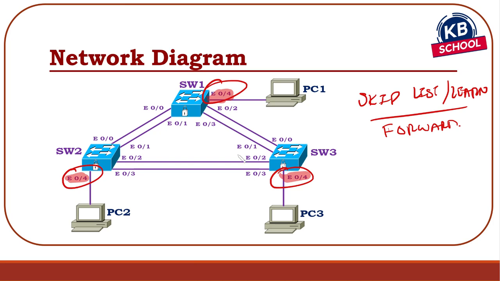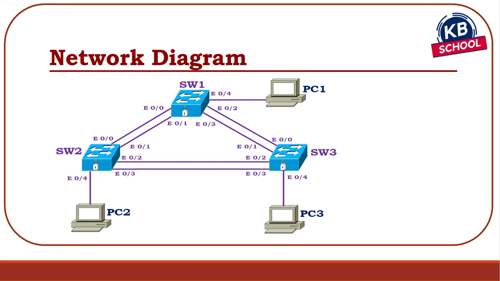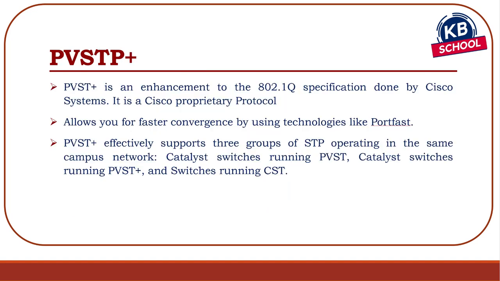So if the administrator configures that port, Cisco said, let that port come up immediately because I trust the administrator's judgment to know what his network looks like. This enhancement of PBST was done by Cisco. And anytime you see a plus against a protocol, understand that plus comes from the fact that there are certain vendor specific modifications.